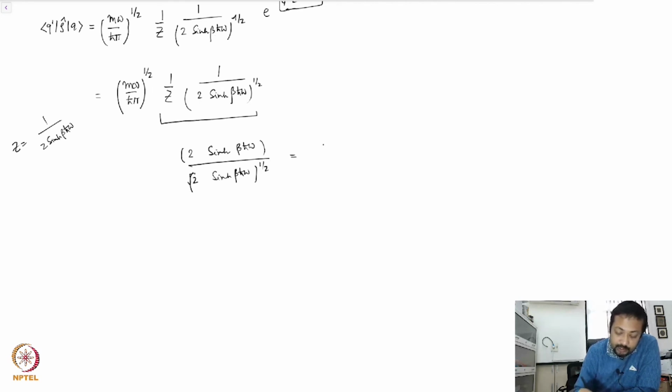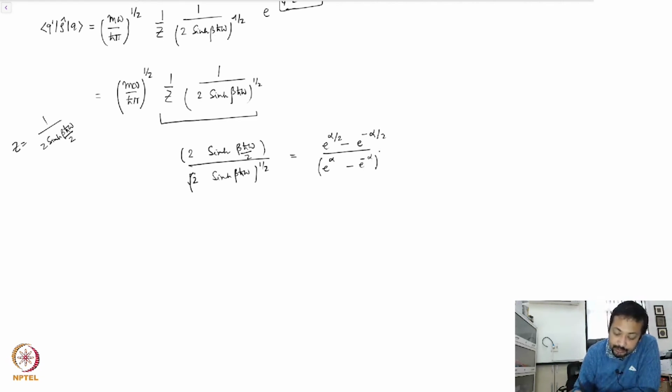This I simplify as e to the power alpha minus e to the power minus alpha, and this as e to the power alpha by 2 minus e to the power minus alpha by 2. Sorry, I think there is a mistake here. This is going to be half, this is going to be half, so that this is half, and the other one doesn't contain the half factor.